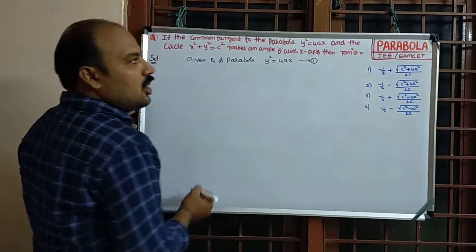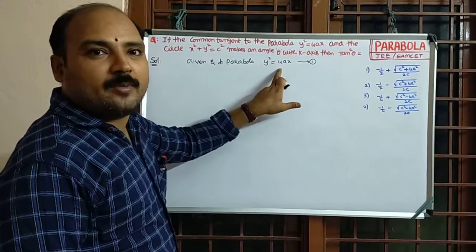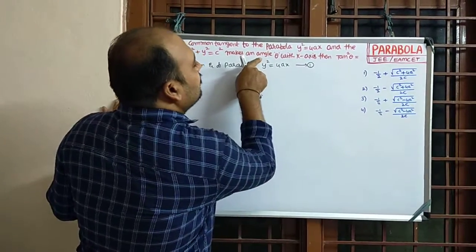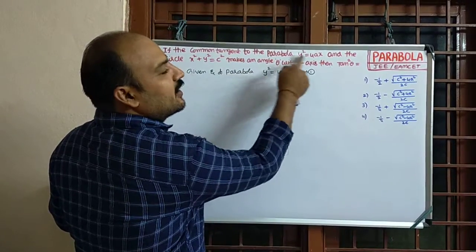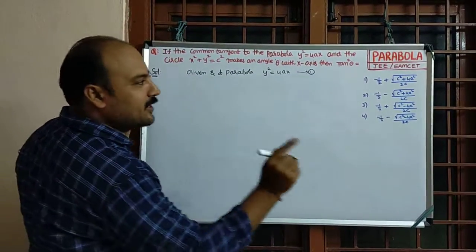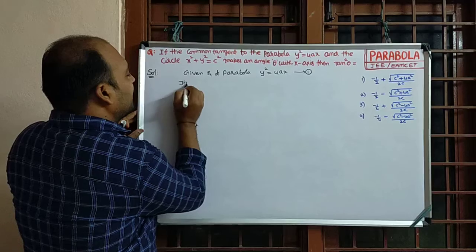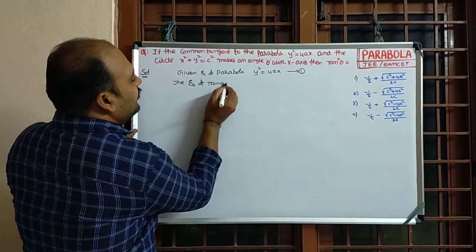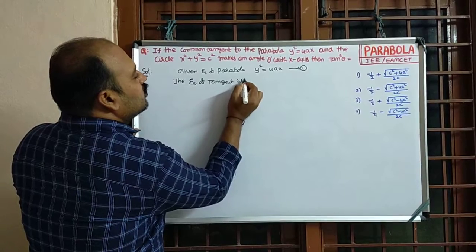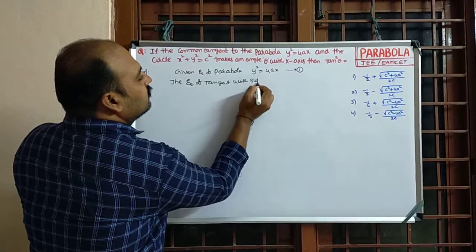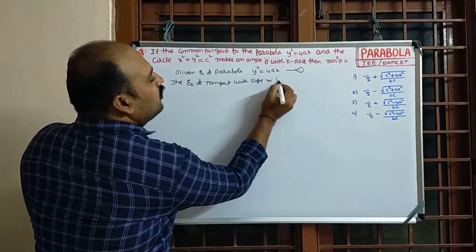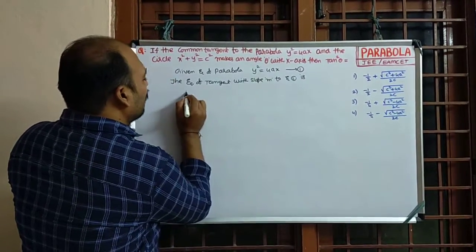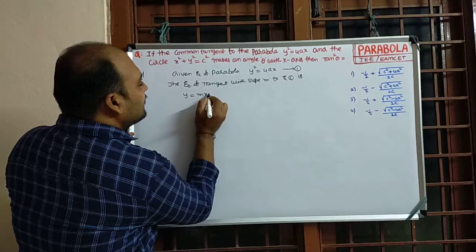Equation number 1. What is the tangent equation to the parabola with slope m? Why I am mentioning slope m: whenever the tangent makes an angle theta with the x-axis, slope m equal to tan theta will come. So the equation of tangent with slope m to equation 1 is y is equal to mx plus a by m.